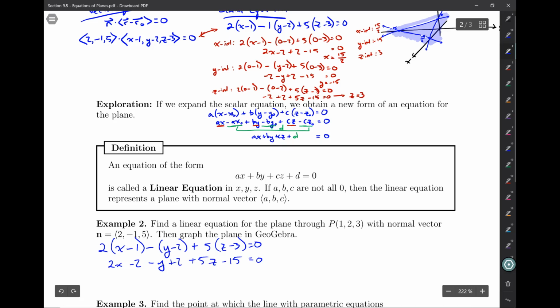And if we combine all of our like terms, then we end up with 2x minus y plus 5z. We have a negative 2 and a positive 2. Those eliminate each other. We're just left with a minus 15 is equal to 0. Here's the equation. Here's a linear equation for our plane. Let's graph this in GeoGebra.